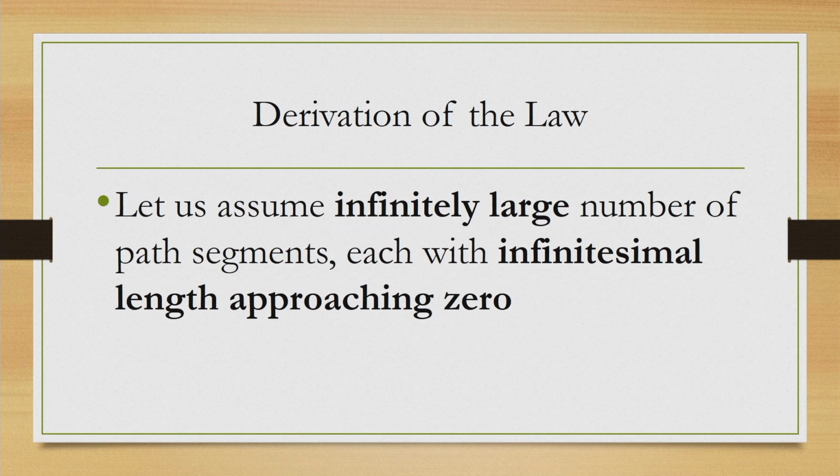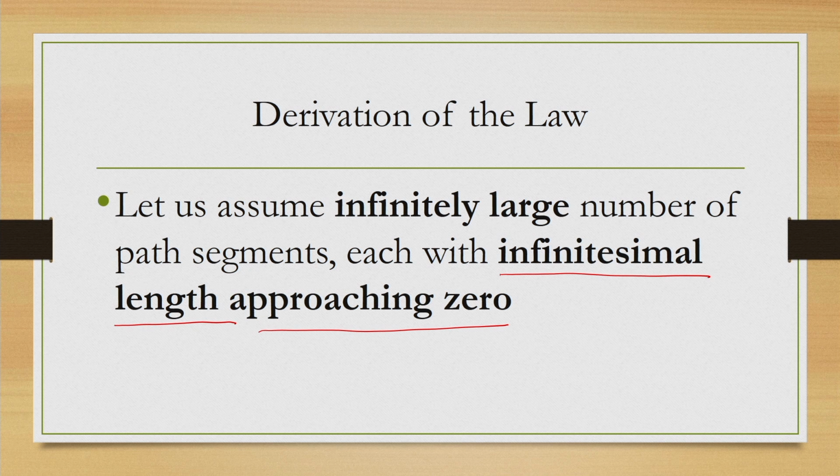Because we are assuming that segment lengths are finite, and if that is the case, then Fitts law application is not possible. Instead, what we can do is assume that these segments are of infinitesimal length. So, we can assume that each segment has infinitesimal length approaching 0.